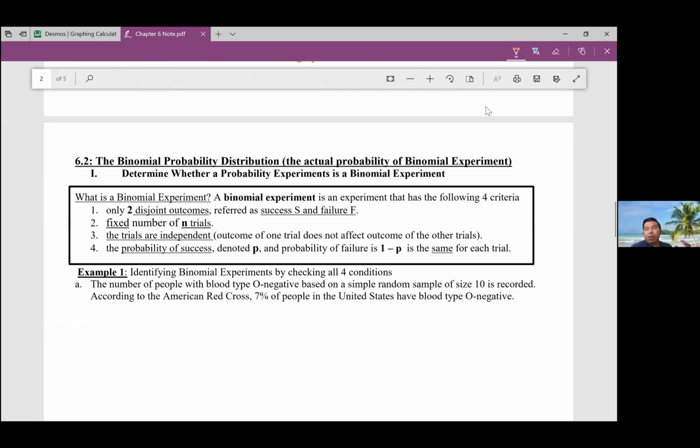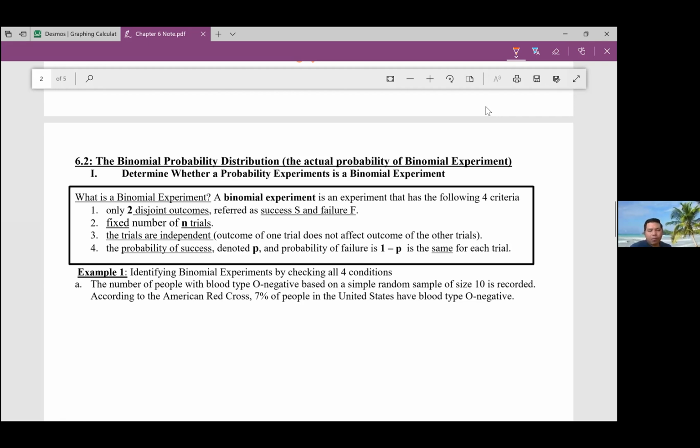Or look at a multiple choice question: you either get the correct answer or you don't get the correct answer. You either got that question right or you didn't. There are only 2 outcomes. There's no middle, right? That's the idea of 2 disjoint outcomes. If something has that description, it will satisfy as a binomial distribution.